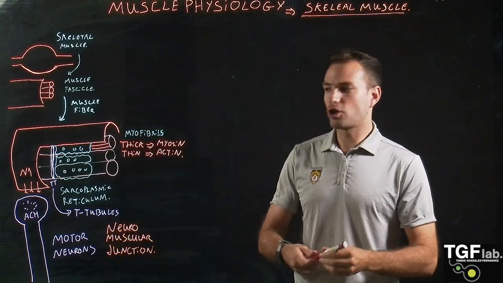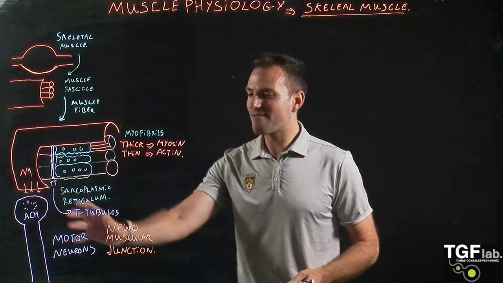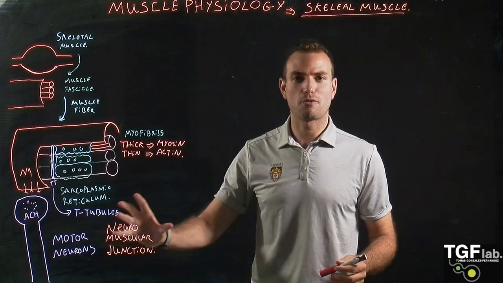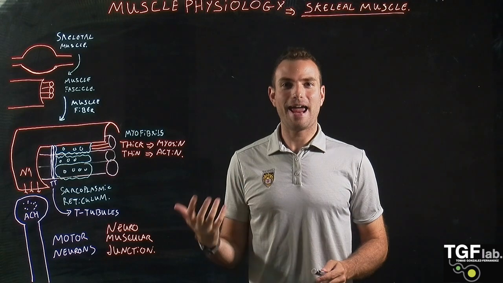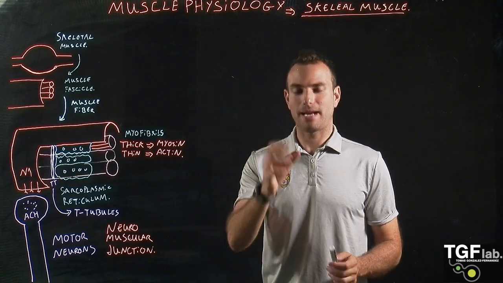Okay, so we are going to look at this process a bit more in depth and everything that happens here in a neuromuscular junction. And this way we are going to understand the excitation-contraction coupling, okay?